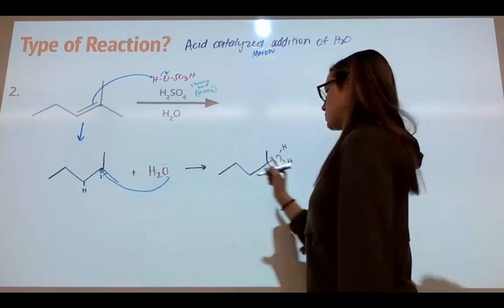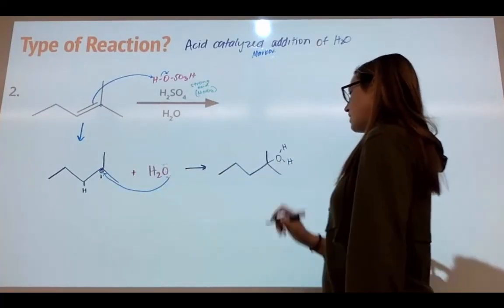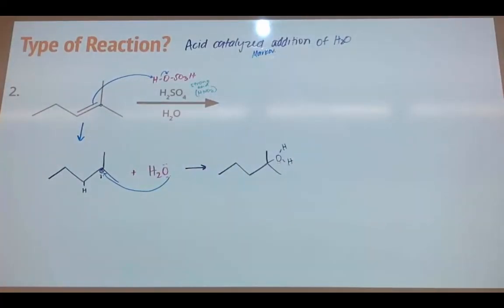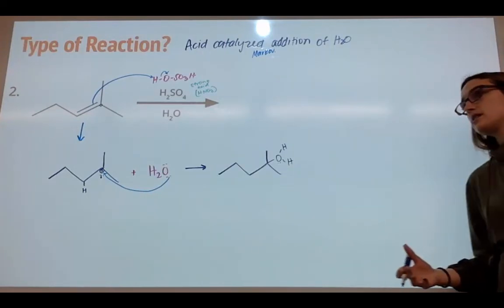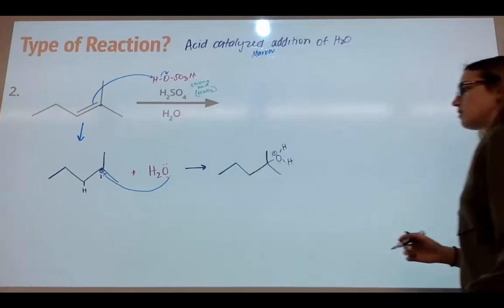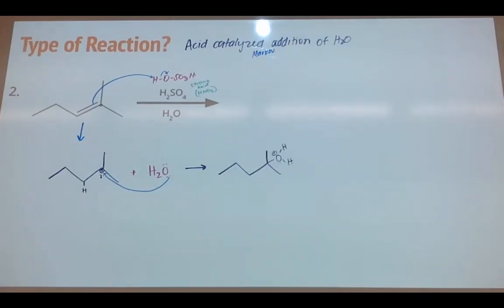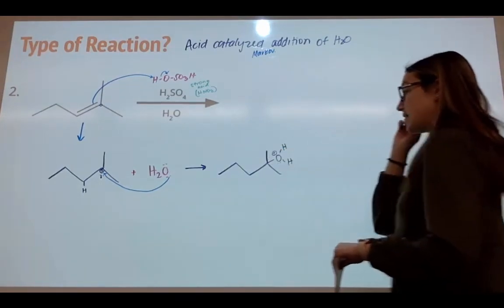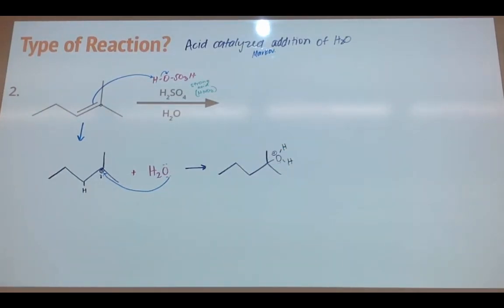One of the lone pairs was used to create this bond, so this still has another lone pair. When oxygen has 3 bonds, it has a positive formal charge. Oxygen, if it has a formal charge of 0, has 2 lone pairs and 2 bonds. And so now this has a positive formal charge.